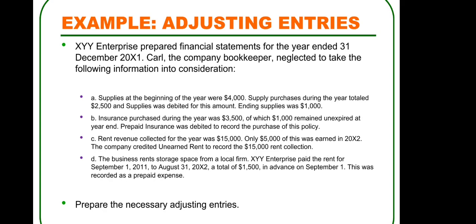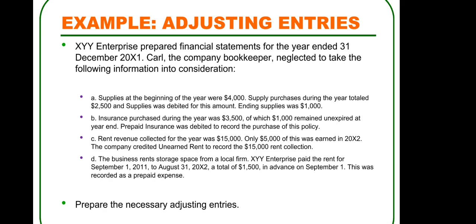Rent revenue collected for the year was 15,000. Only 5,000 of this was earned in 2000X2. The company credited unearned rent to record the 15,000 rent collection. So first you have to know what is the record when the business received the cash for the rent. It said here that the business recorded it in the account unearned rent.